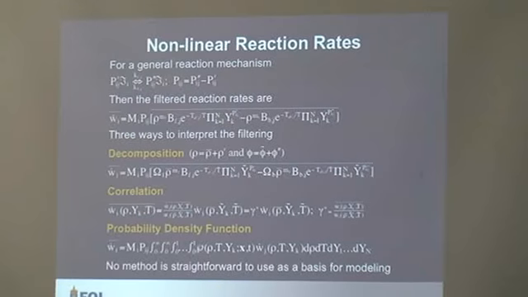So if you're looking at the reaction rates, they're highly nonlinear. We're talking about the Arrhenius reaction rates. And there are essentially at least three ways to conceptually deal with this and understanding.